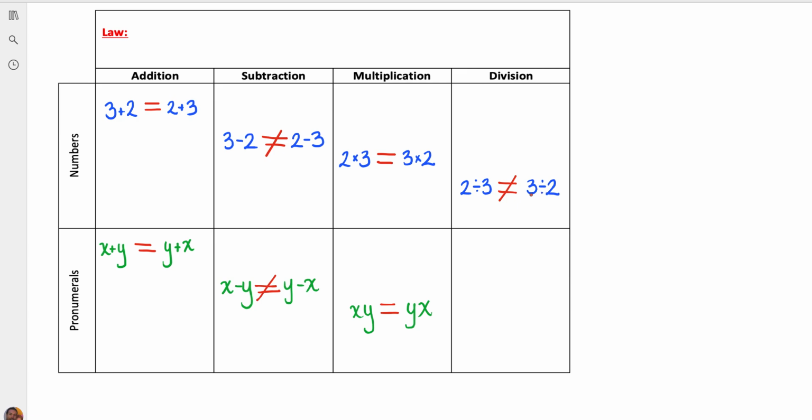Or if we write this one in decimals, it will be 1.5. So no, they're not the same. If they're not true with numbers, they're not going to be true with pronumerals either. So x divided by y is not the same as y divided by x.